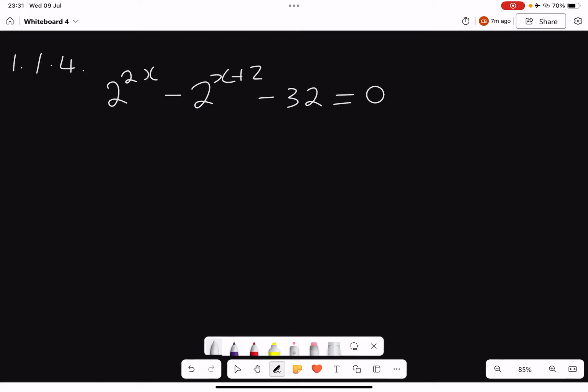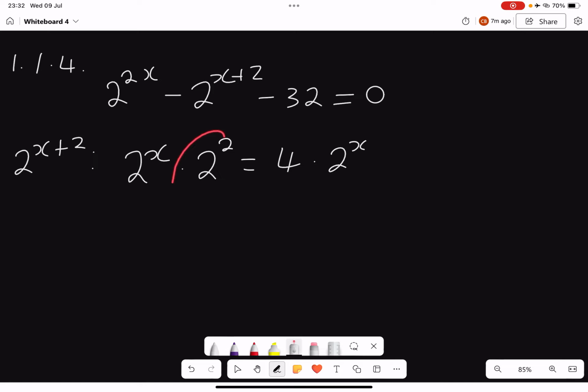Firstly, I need us to split 2 to the x plus 2. We can agree that that is going to be 2 to the x multiplied by 2 to the 2, which is basically 4 multiplied by 2 to the x.